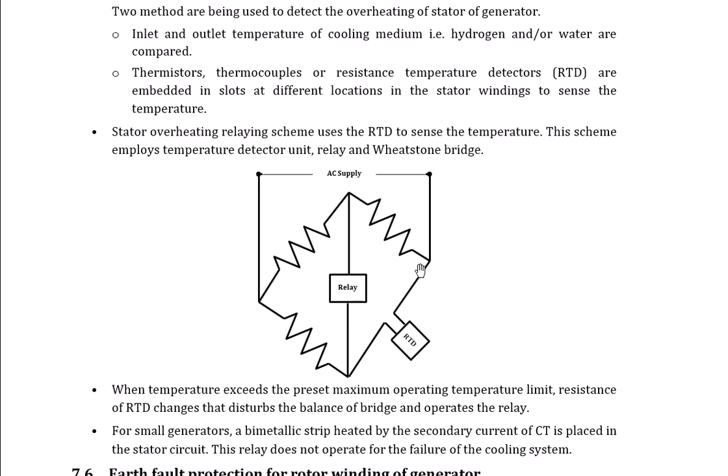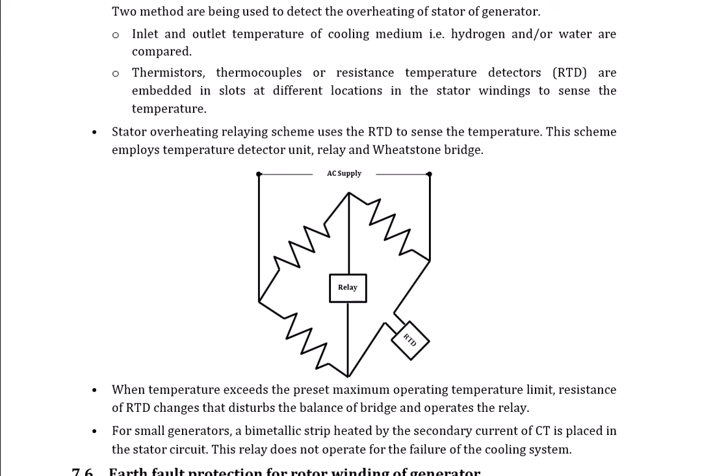So if this resistance times this RTD resistance is equal to this resistance times this resistance, then there is no current in the relay. But when the temperature changes, this RTD resistance changes. Due to this change our bridge becomes unbalanced, and in that condition current starts flowing through the relay, and it will give the signal to the breaker.